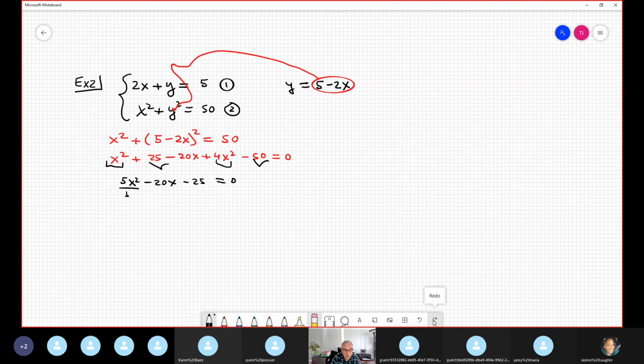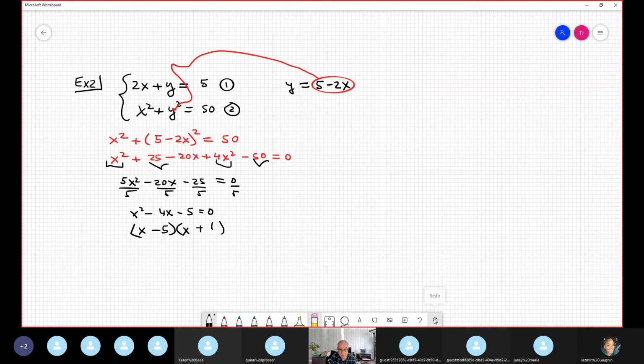Now I divide the whole thing, the entire equation, and we have this equation, easy. Okay, we can solve it by factorization. The factors involved in the problem are 5 and 1, negative 5 and positive 1.